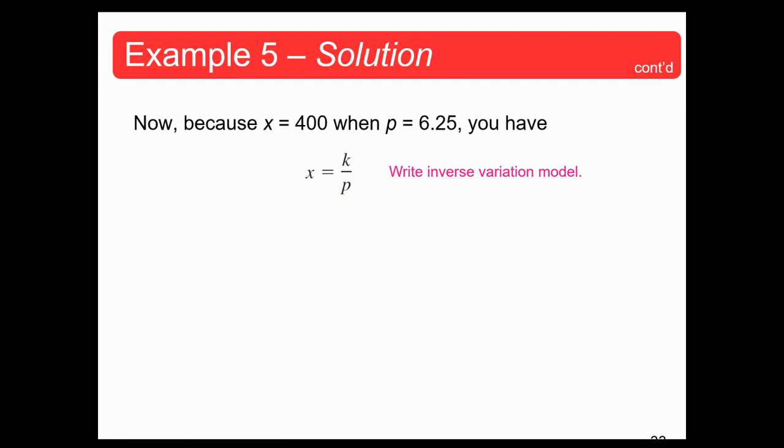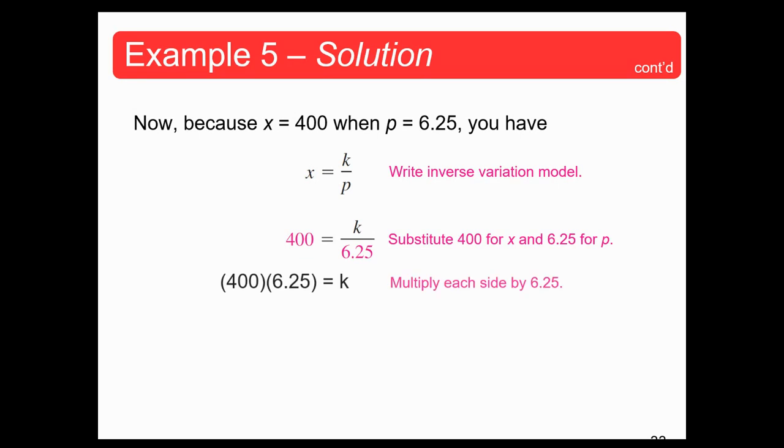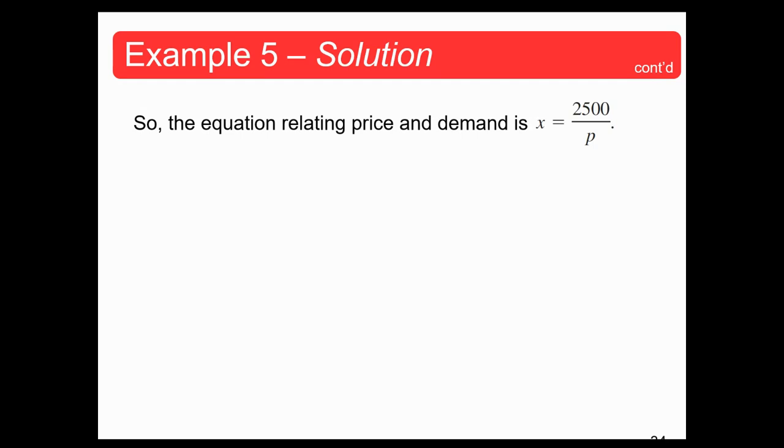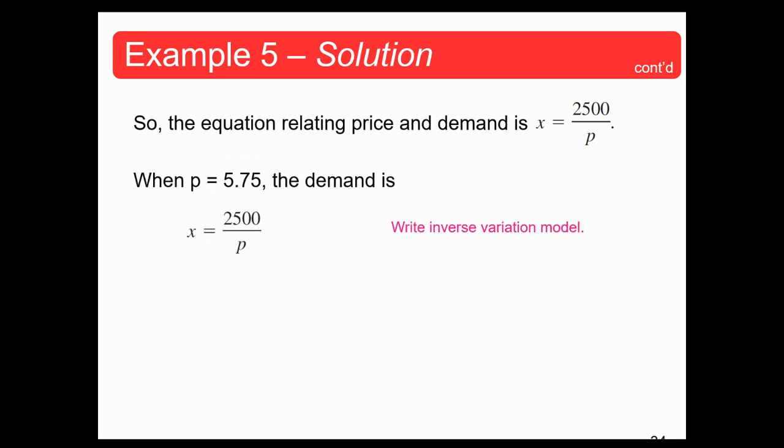So we will replace the X and P with that and solve for K. And if you multiply both sides by $6.25, you will find that K is $2,500.